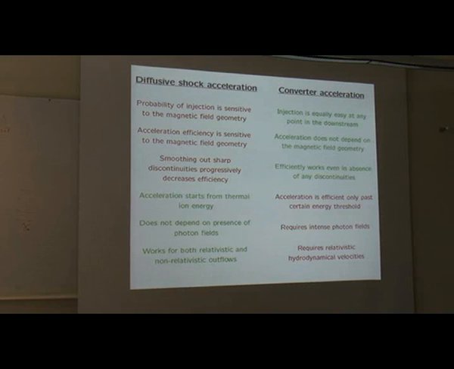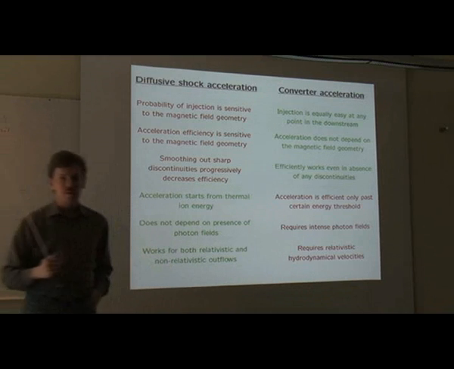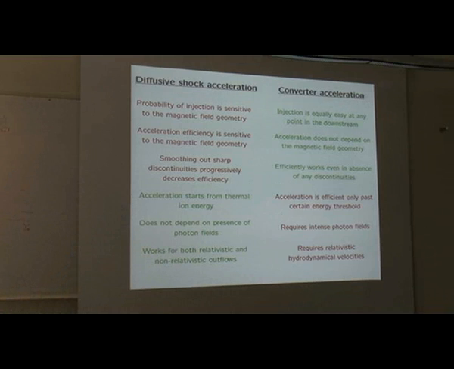The problems which are working against the converter acceleration mechanism are, so to say, observational. If the source doesn't meet clear observational criteria, if it has luminosity less than required, if it has Lorentz factor less than required, it cannot operate the converter mechanism. But all these things against the converter mechanism are on the observational side. There are no theoretical difficulties with this mechanism.